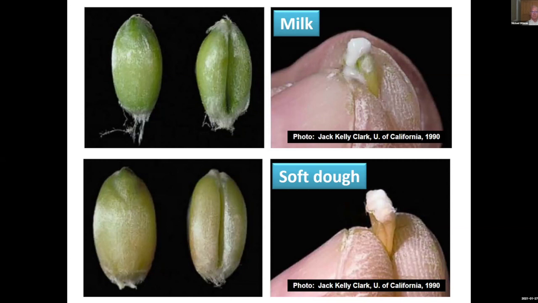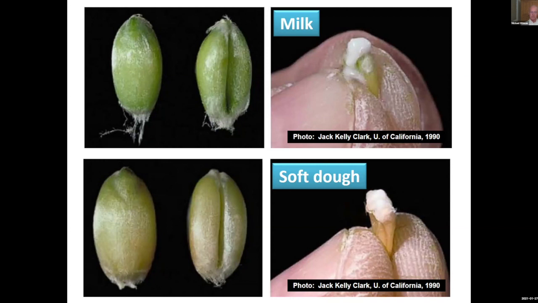Then the stage called soft dough. You can see the grain is starting to turn color just a little bit. But soft dough really refers to the consistency of the inside of the developing grain, and it's literally doughy. It's not as glistening as the milk stage, and it has a doughy appearance, almost like when you're making bread.